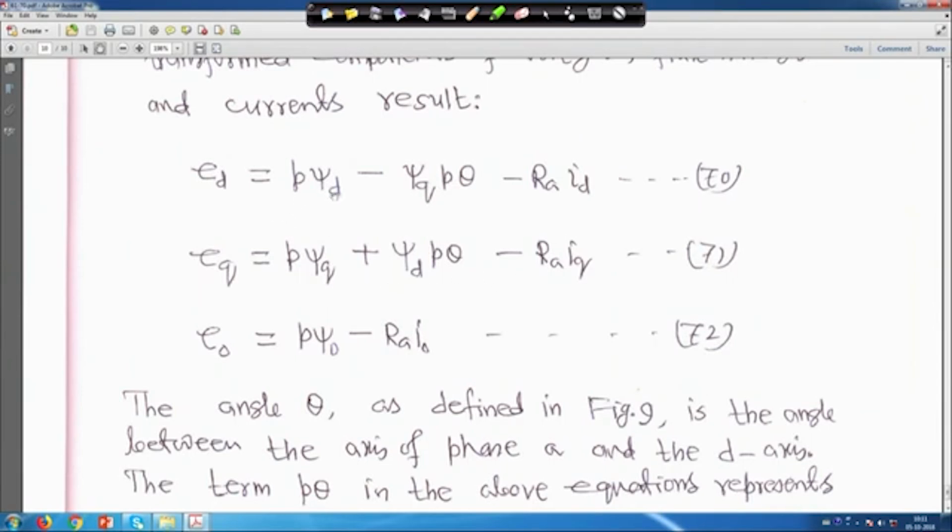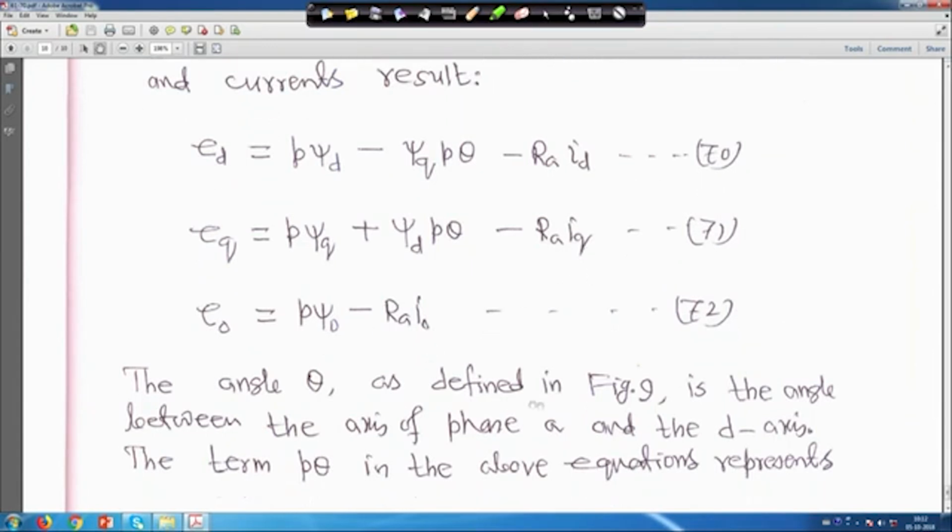P psi d means d/dt of psi d, and P theta means d theta/dt, because P is d/dt. And E0 is equal to d/dt of psi 0 minus RA into I0. These are equations 70, 71 and 72.